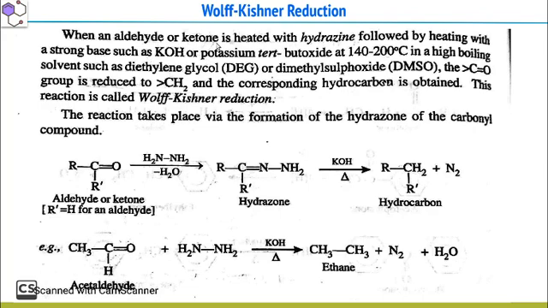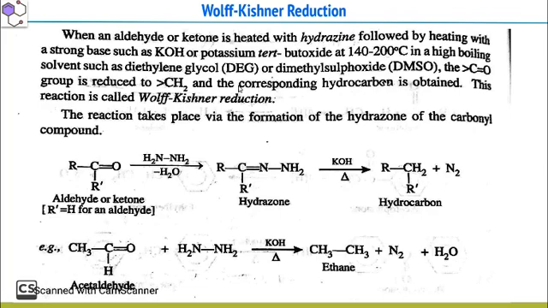When an aldehyde or ketone is heated with hydrazine, NH2NH2, followed by heating with a strong base such as KOH or potassium tertiary butoxide, or you can use sodium ethoxide, at high temperature, 140 to 200 degrees Celsius, in a high boiling solvent.